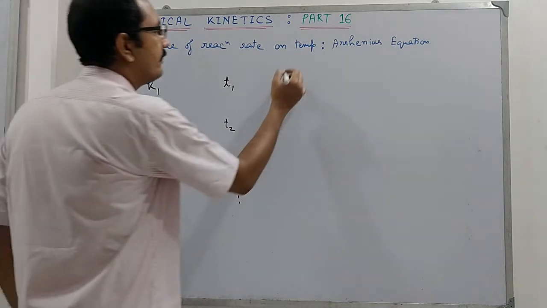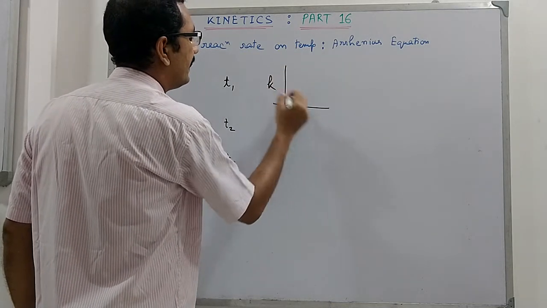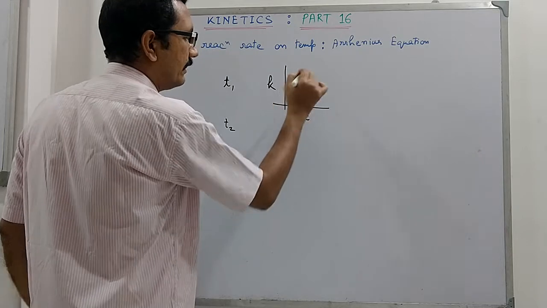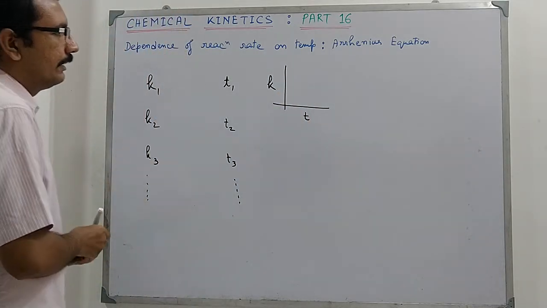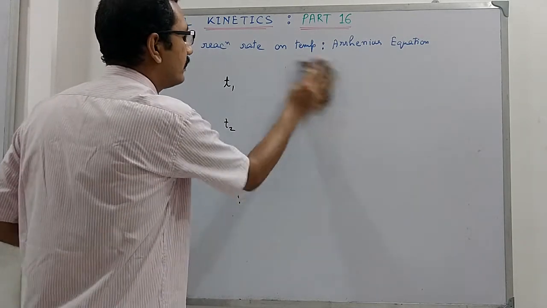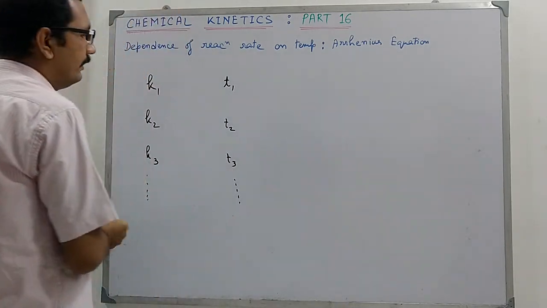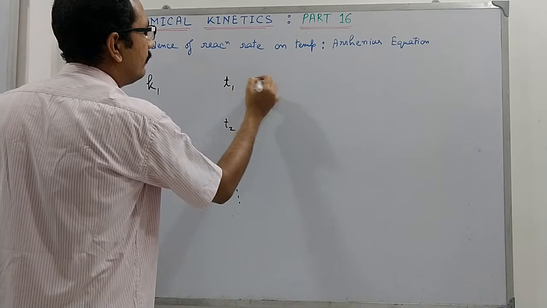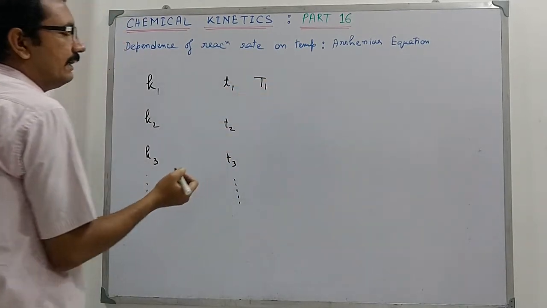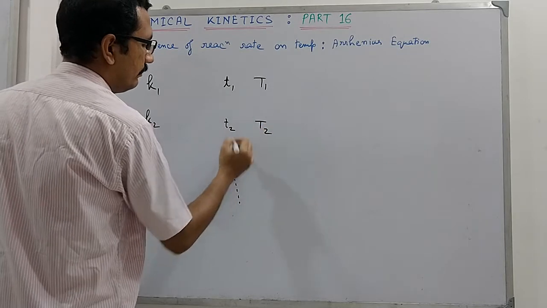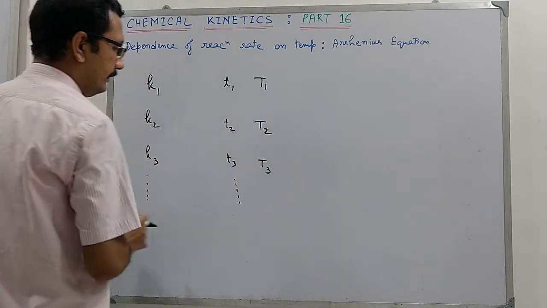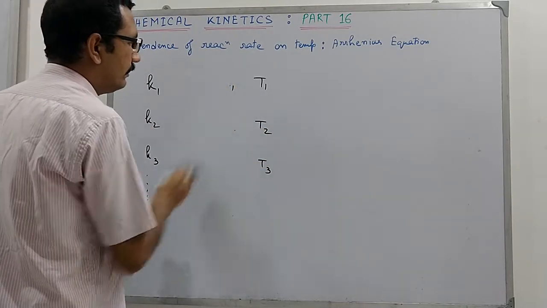Now when he tried to have a plot of K versus T, it was an absurd pattern. So he neglected that plot. Now he converted this T1 to capital T1, that is absolute temperature, by adding 273. So we got here T2, T3 and so on.